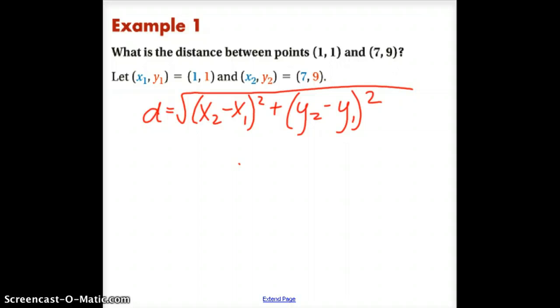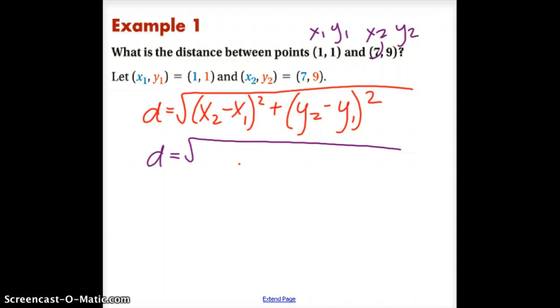All right, distance is square root. I'm going to say this is my x1, y1, x2, y2. So x2 minus x1, 7 minus 1 squared plus 9 minus 1 squared.